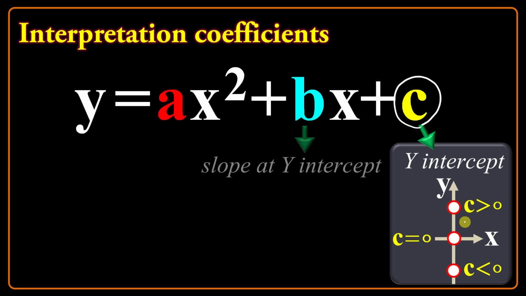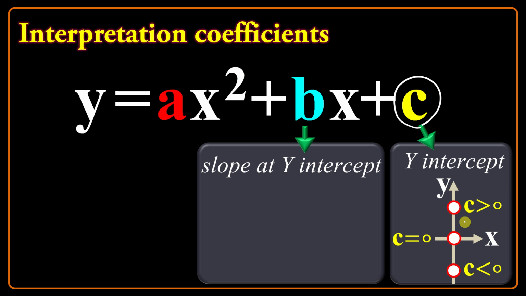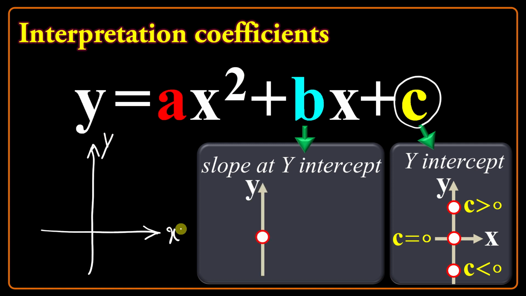What about b? B is the slope at the y-intercept. The parabola must always pass the y-axis. So if b is positive, the parabola, when passing through the y-axis, must be increasing with positive slope, something like that.